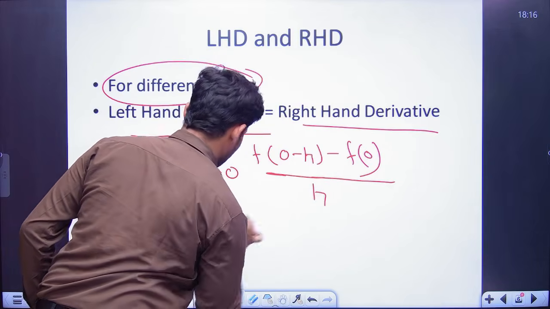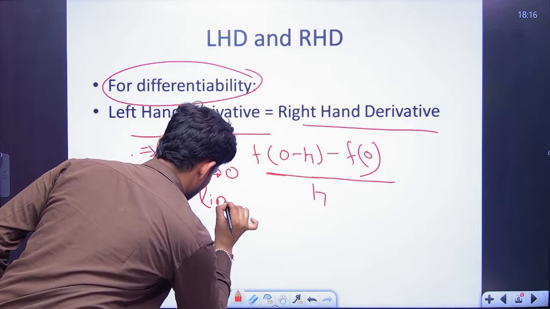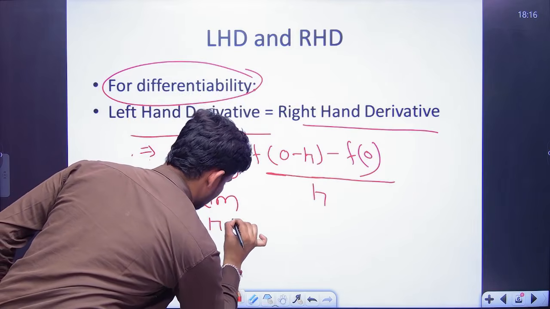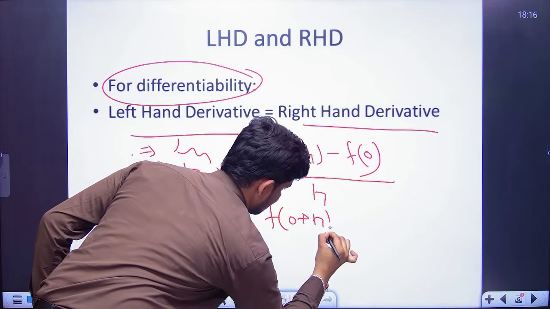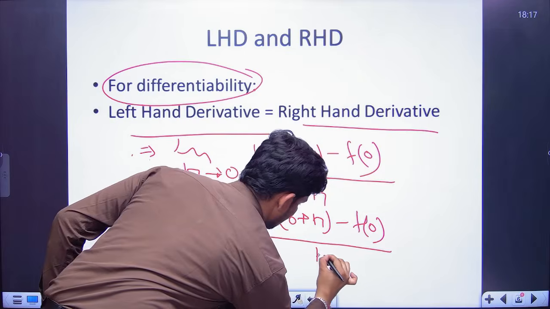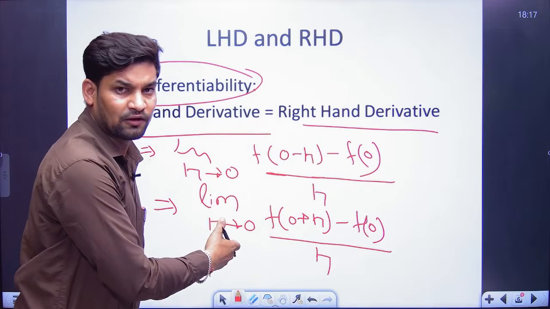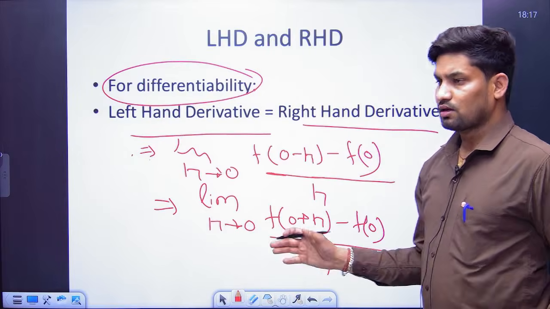Right hand derivative is this. It is the definition of the left hand derivative and right hand derivative.